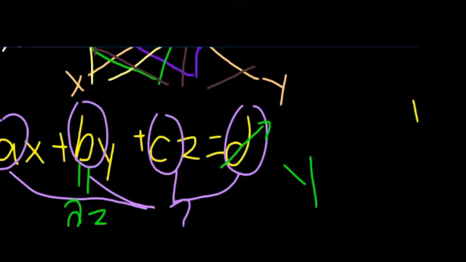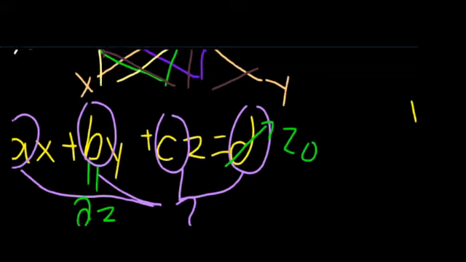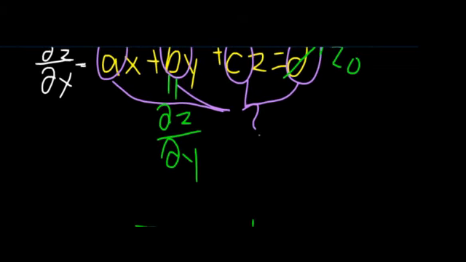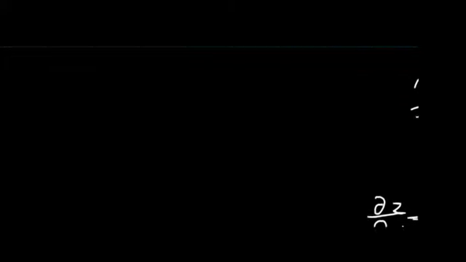So I'm going to label it as c sub 0. And we may have successfully transformed a generalized form of the equation of a plane to the equation of a tangent plane.